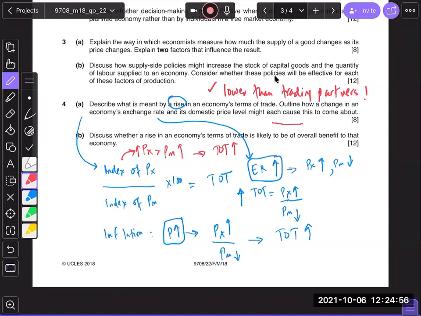Also, what if your exchange rate is going up, but it's also lower in terms of your trading partners? So that could also be a factor that could play a role. Or what if your exchange rate is going up, but at the same time, inflation is going down? So that could basically nullify the effect, right?